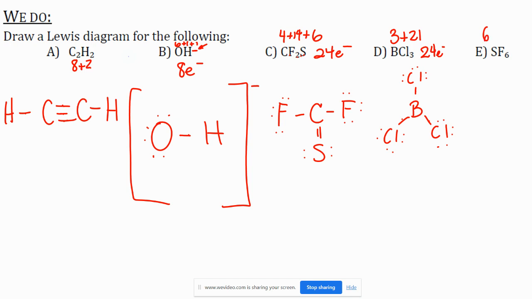Sulfur is 6. Fluorine is 6 times 7, which is 42, last count. And then that gives me a total of 48 electrons. Sulfur's in the middle. Fluorine can never be in the middle. So sulfur's in the middle. And I'm going to draw my 6 fluorines coming off of there.